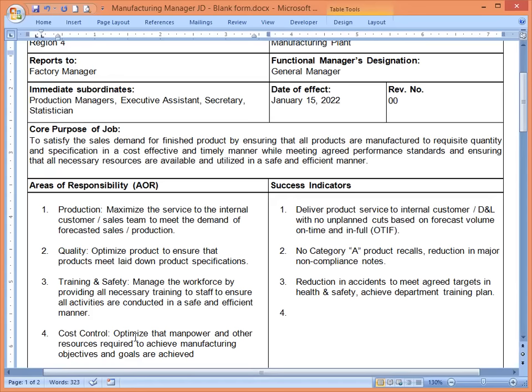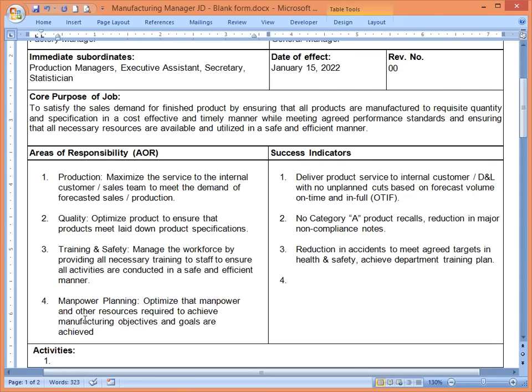This is not cost control. This is something to do with the man plan. Okay, manpower planning. We're talking about achieving all the manpower, no? And other resources required to achieve manufacturing objectives.